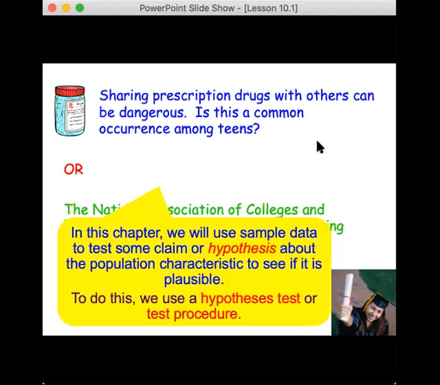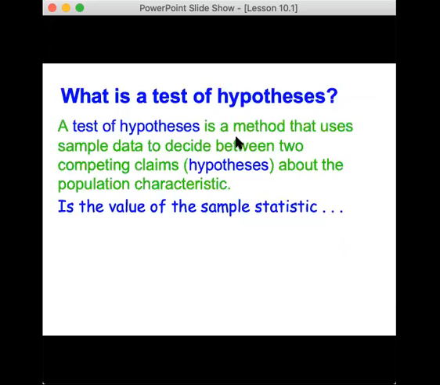Chapter 10, hypothesis tests, is kind of similar in the sense that we are going to take a sample, but what we're going to do with that sample is test a hypothesis, hence the name. We're going to test a claim about the population with that sample, and examine the sample to see: is that sample supporting the claim or going against the claim? All right, so that's the idea of hypothesis testing.